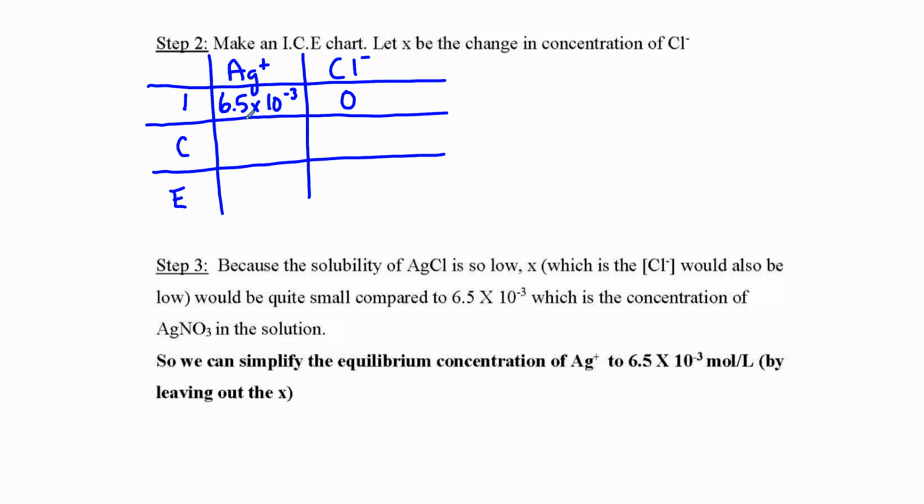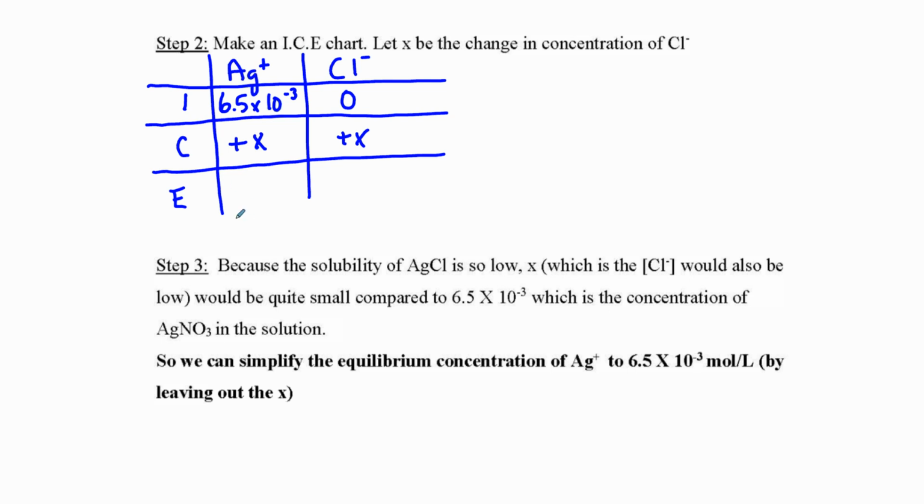Okay, when it comes to the change, we're going to use x's just as we did before. And remember, the x value reflects the stoichiometry of the equation. So we have a 1-to-1 ratio of silver to chloride. So these are both going to increase over the course of the reaction, and we could represent that as just plus x.